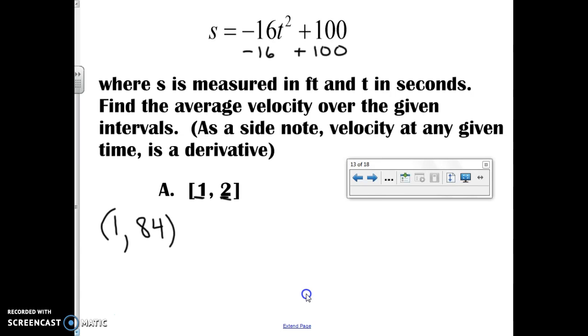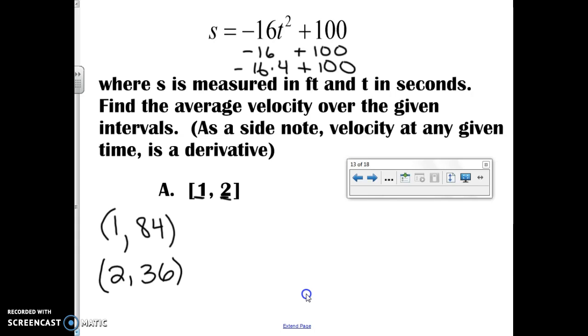If I put 2 in, I'm going to have negative 16 times 4 plus 100. 16 times 4 is 64. So 100 minus 64 should be 36. So that point would be 2, 36. I hope I have the right values on those. Check them, you guys. If not, just pretend I have done the math right on those.